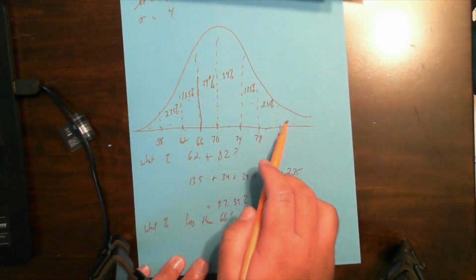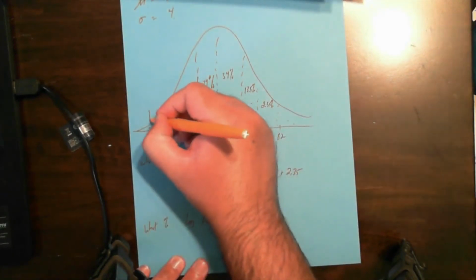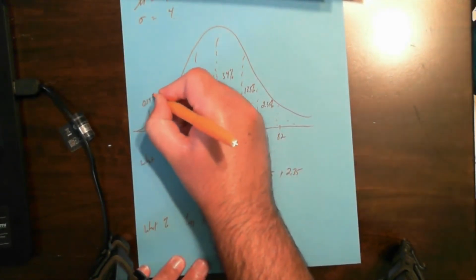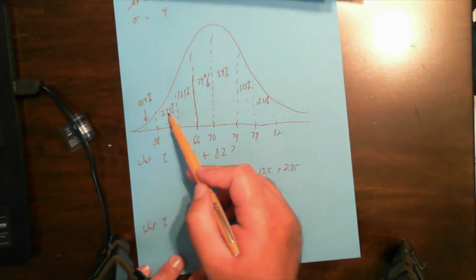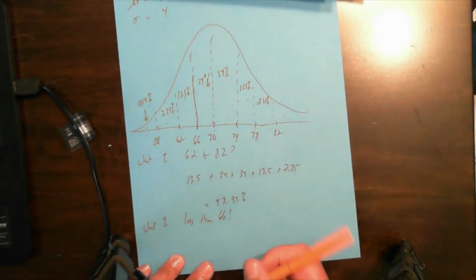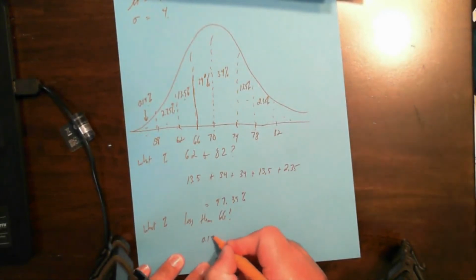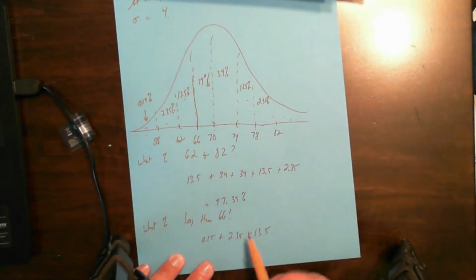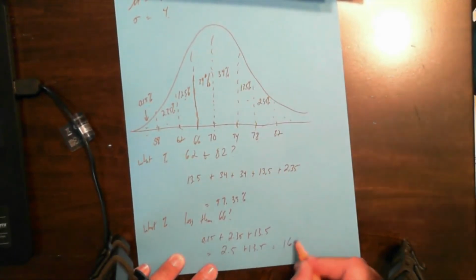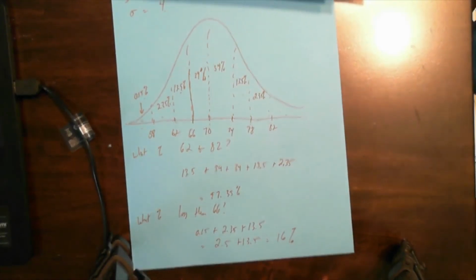So 0.30 is shared between 2 sections, so that means this would be 0.15%, as we just discovered. So I'd have to add these 3 numbers to answer this question here. So it would be 0.15 plus 2.35 plus 13.5. So that is 2.5 plus 13.5. So that's 16%. Okay.